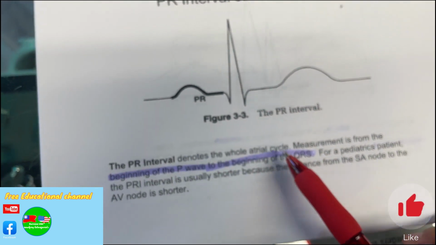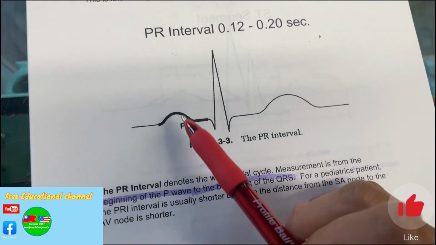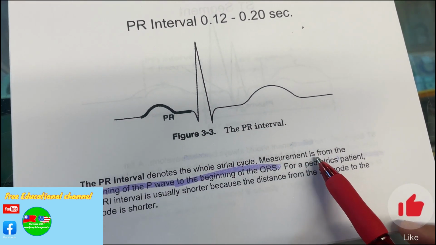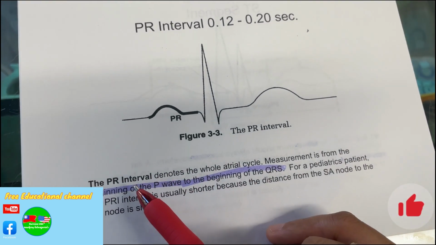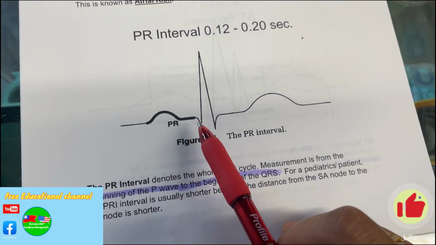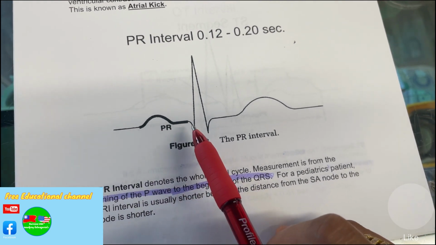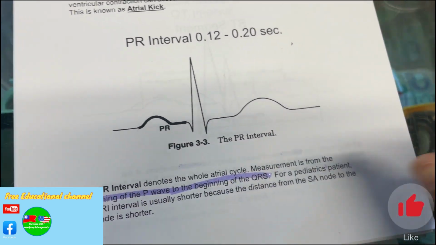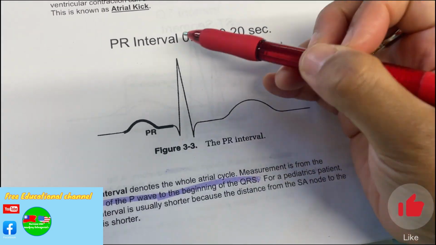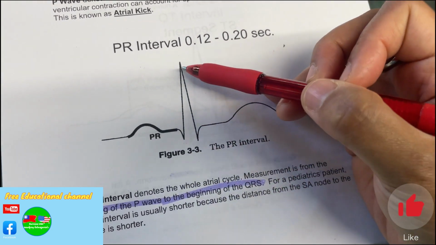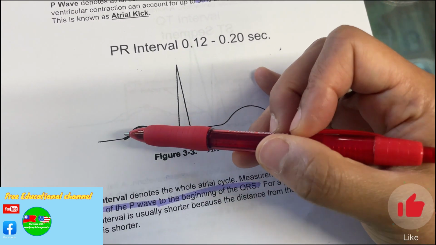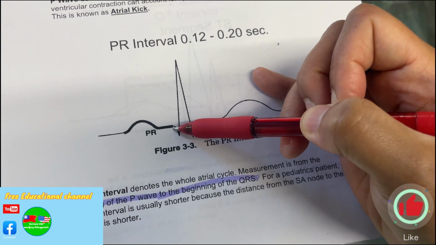PR interval denotes the whole atrial cycle. This PR is the whole atrial cycle. Measurement is from the beginning of the P to the beginning of the QRS, from here to here. PR is from here to here. Okay, now this is actually Q, this is actually R, but remember, it's only counted to the beginning of the QRS.